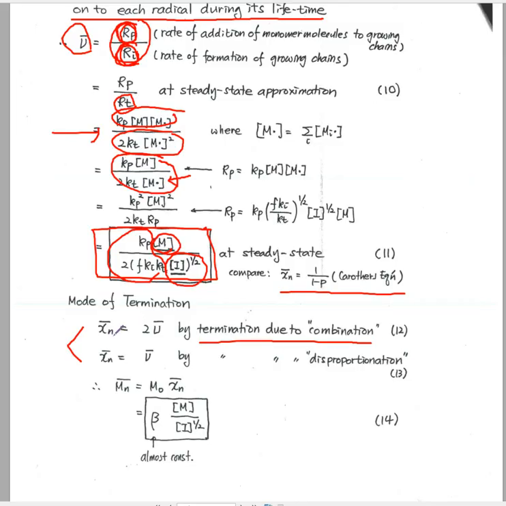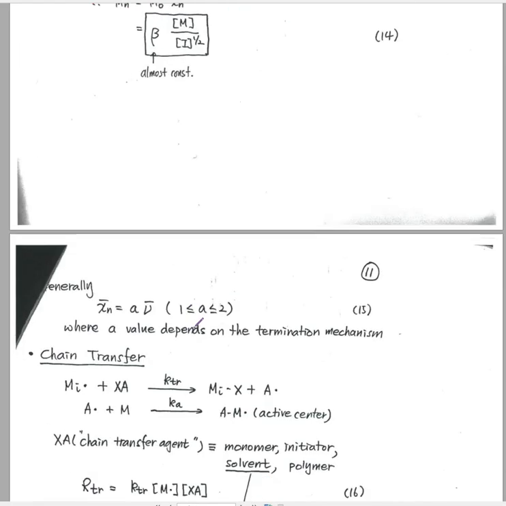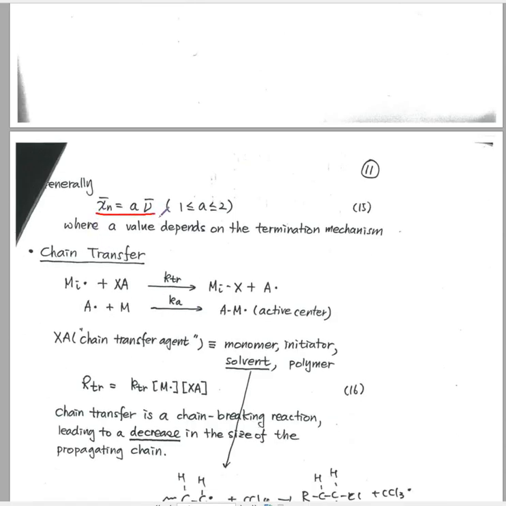So the degree of polymerization is equal to 2 times the kinetic chain length. But if the termination mechanism is mainly disproportionation, then the degree of polymerization is equal to the kinetic chain length. So generally, it should be in between, right?